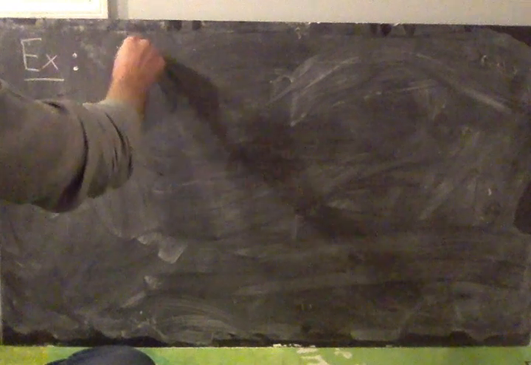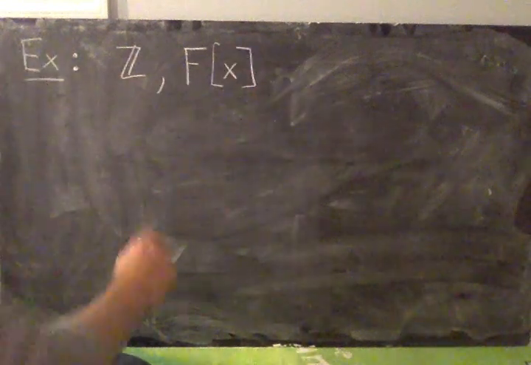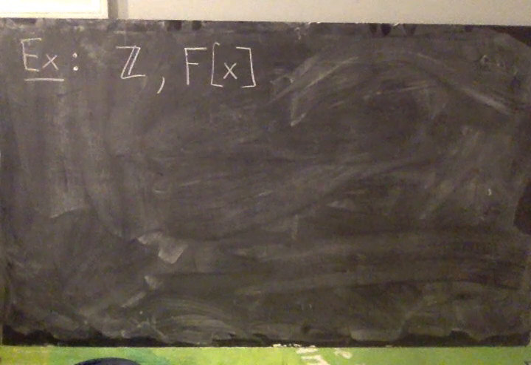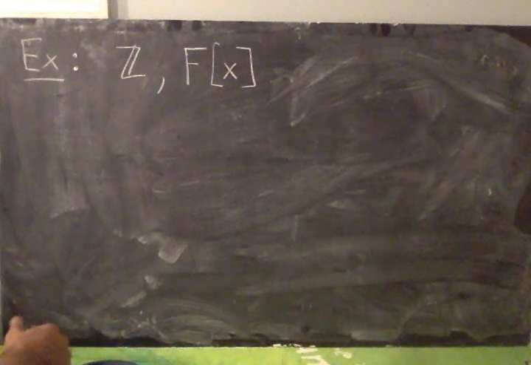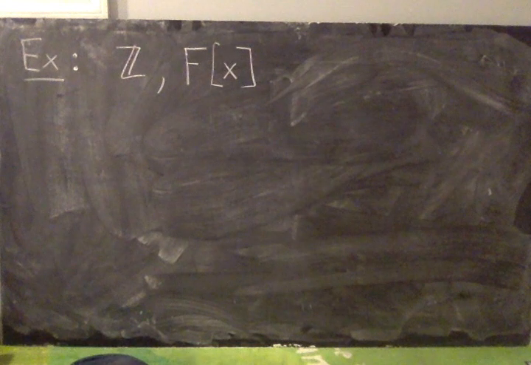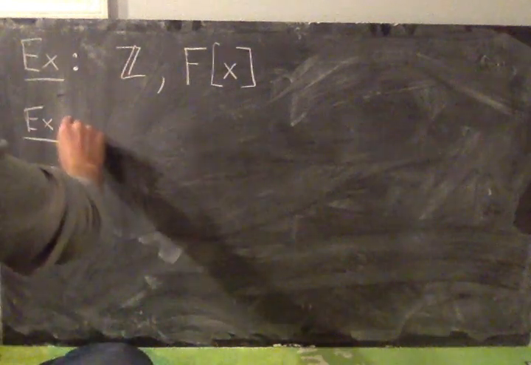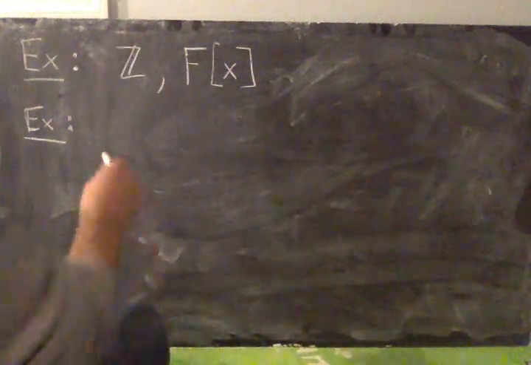Of course, examples of integral domains would be Z and any ring of polynomials over any field. The field could be the real numbers, complex numbers, Z mod p, rational numbers, anything like that. Another class of examples which is going to be interesting for us going forward is the following.